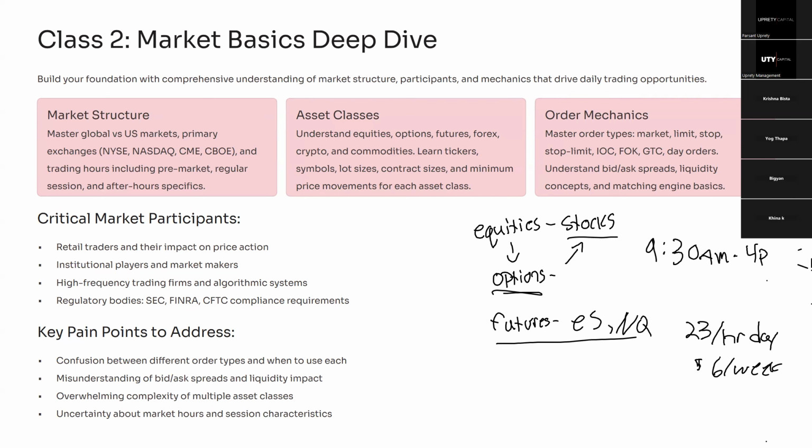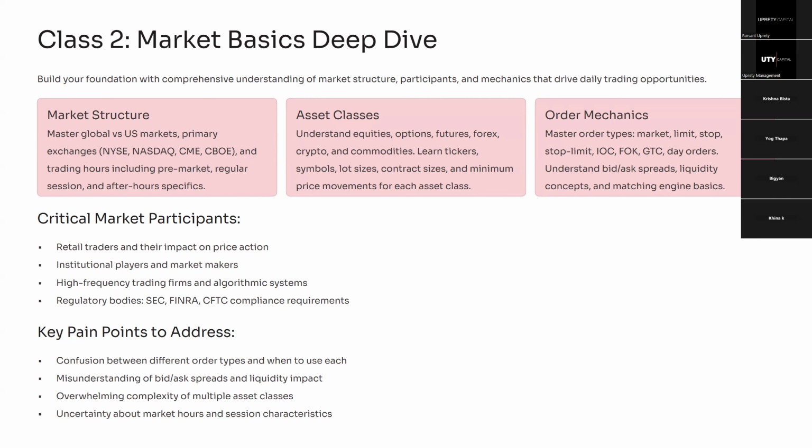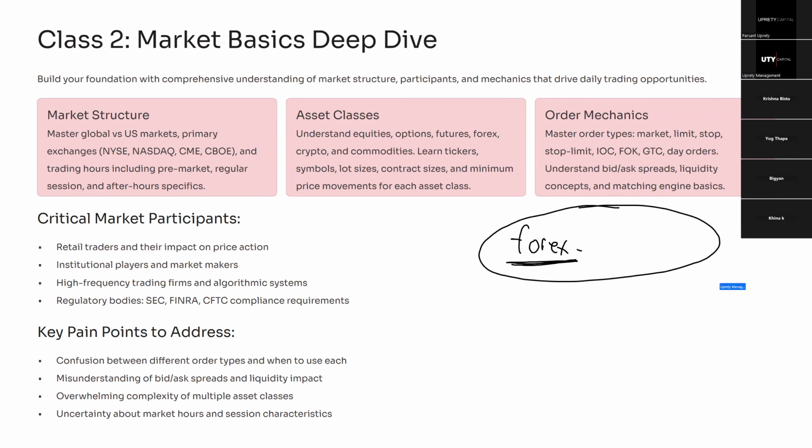And then we have things you've probably seen, which is Forex. Forex is you trading the dollar, the yen, things like that. This is where most of the scams happen. I don't know if you've looked into Forex trading, but a lot of scams happen there because it is not regulated for the most part.